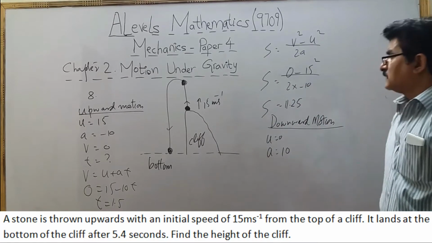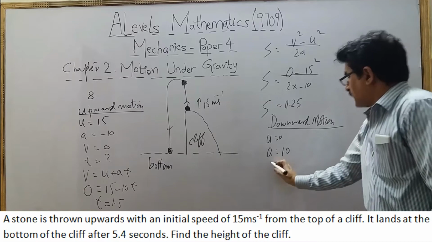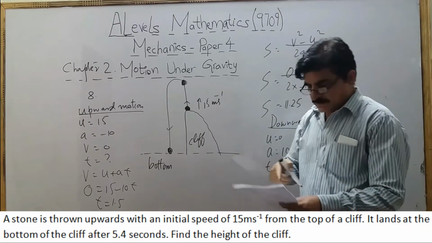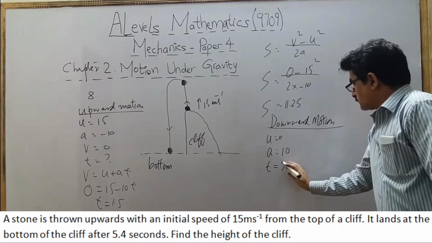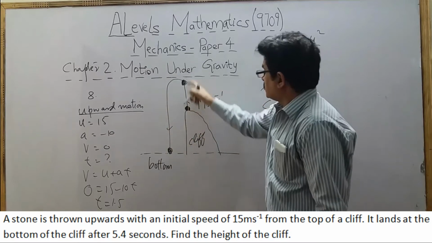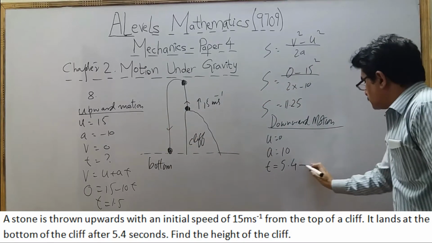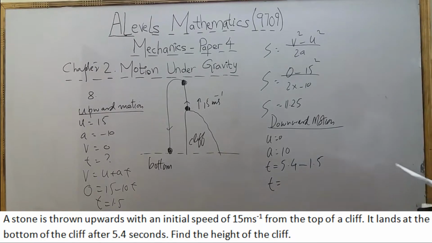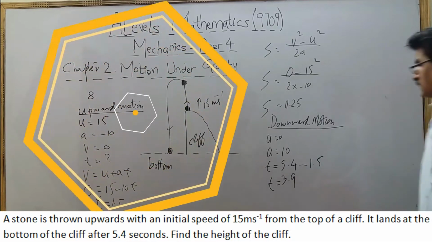Acceleration is 10, and time, very important point, because the time we are given in the question is 5.4. So this time is from this to this and back. So we have found this time, we will subtract this time from this time. So for downward motion, we can get this time, which is equal to 3.9 seconds.